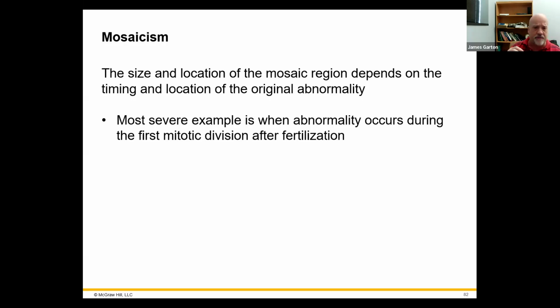They happen fairly late, after there's quite a bit of cells in the zygote. If, however, you have this non-disjunction happen in the very first mitotic division after fertilization, it means half the cells of that organism's body will be one type of genotype and half the cells will be another.